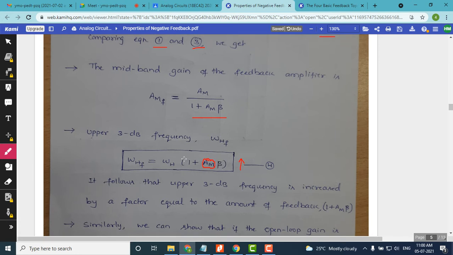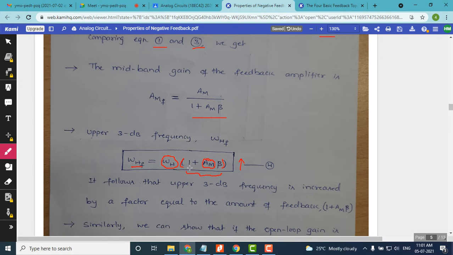As you can see within the bracket, the higher cutoff frequency without feedback is multiplied with 1 plus AM into beta. This is the scaling factor. So when something is multiplied with the already existing higher cutoff frequency, that means overall with feedback the higher cutoff frequency keeps increasing, since there is a scaling factor here which is multiplied with omega h.